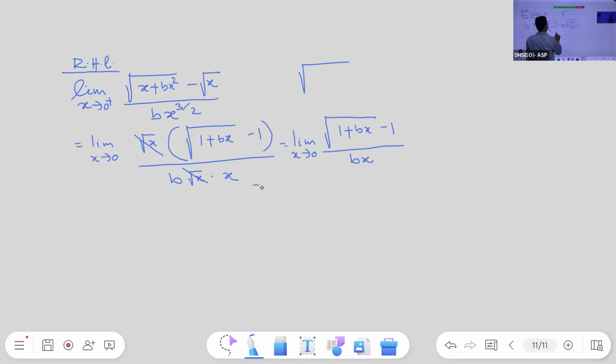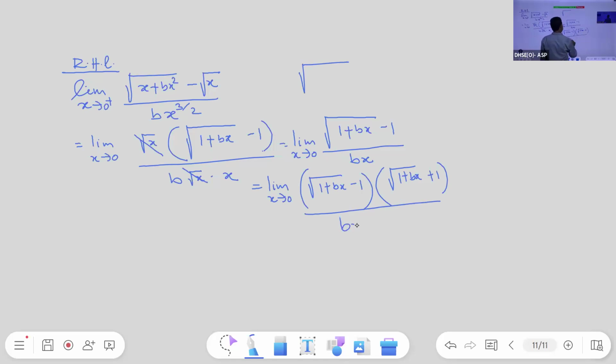So this is equal to limit x tending to 0 of under root 1 plus bx minus 1 into under root 1 plus bx plus 1 upon bx. We have multiplied by this factor, and to nullify it we have divided by the same factor, that is root 1 plus bx plus 1, right?